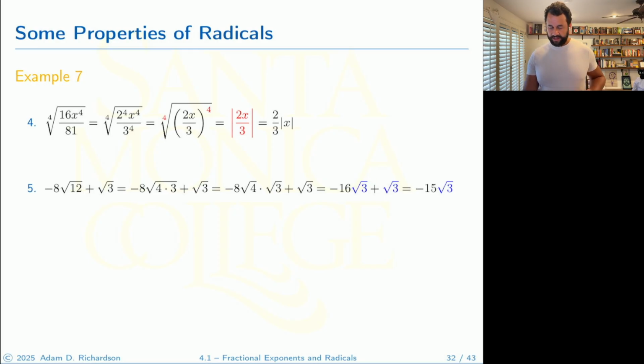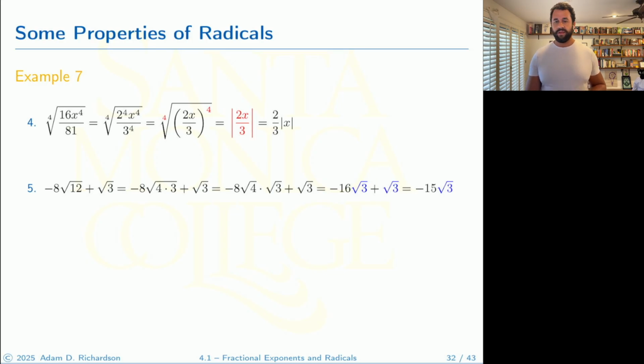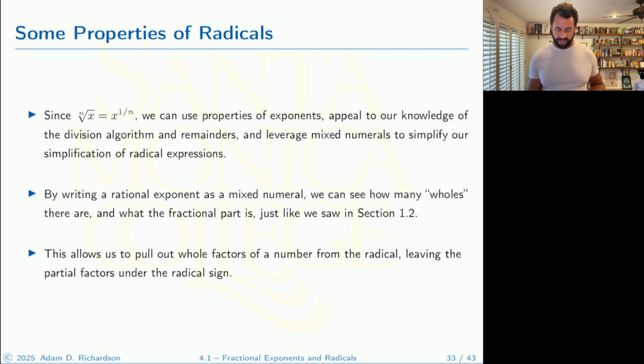Okay? Now, this is all pretty technical, and you don't need to write out all of these steps if you can think of an easier way to do it. If you know how to do it more easily, you can do that. Don't feel compelled to have to do it this way. But let me give you some tips and some intuition for how to do that. So the nth root of x can be written as x to the 1 over n, we can use properties of exponents.